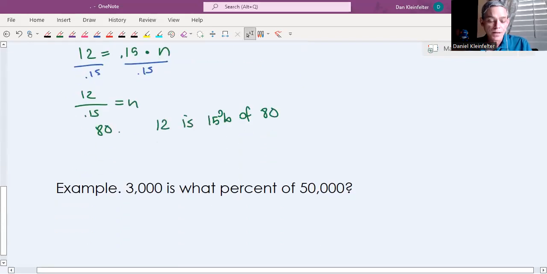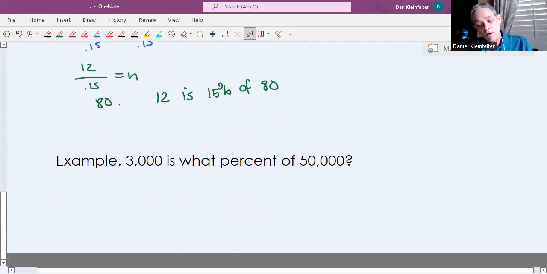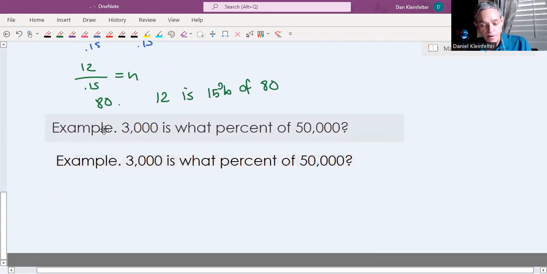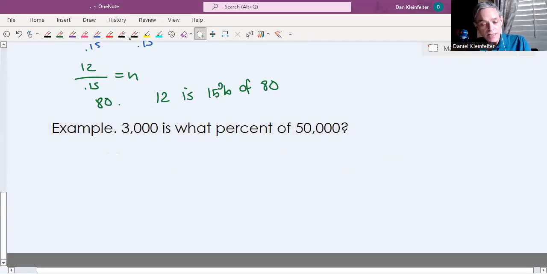Okay, next up, 3,000 is what percent of 50,000? In this case, the percentage is not known, but we'll still translate it in the same way as we've done the others. So 3,000 is, and I'm just going to use n for this, of, and then our 50,000.